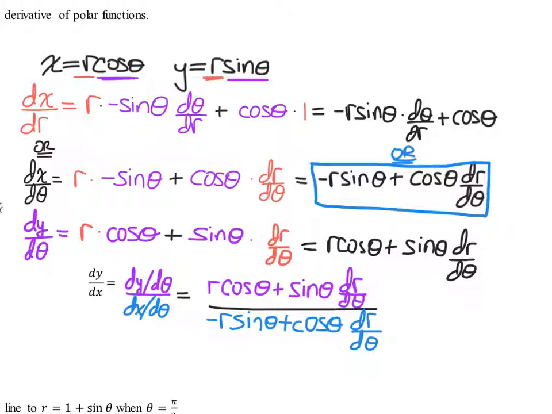I believe I mentioned at some point that I like to put a derivation on a test. I always put one derivation question where you're expected to invent a formula like we do in class. We did it with arc length for parametrics, and we just did it for the derivative dy dx related to polar equations.